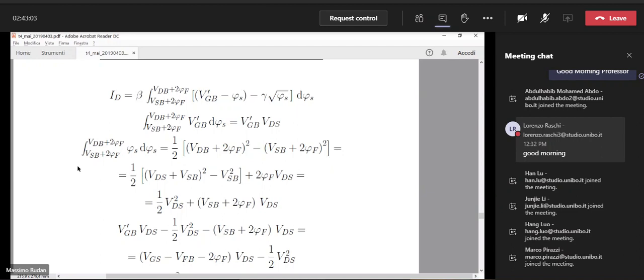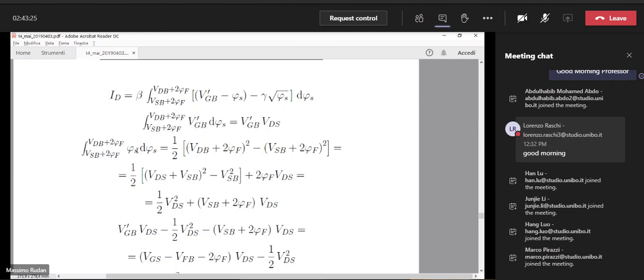Then we have the part that comes from phi s, from this one, okay? So when you integrate, you have 1/2 phi s squared, which must then be limited between the upper limit and the lower limit.